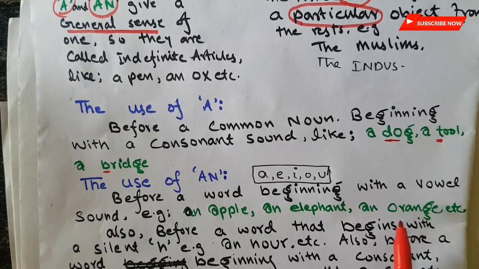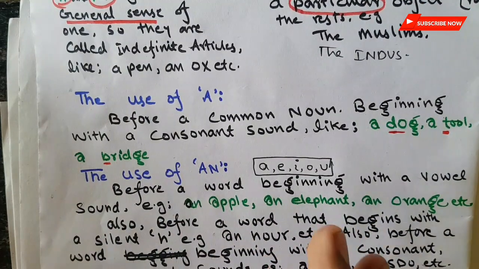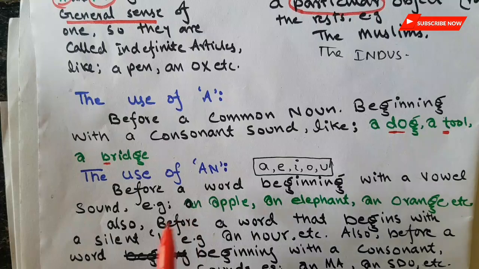So a word which starts with a vowel sound is suitable to put with AN.